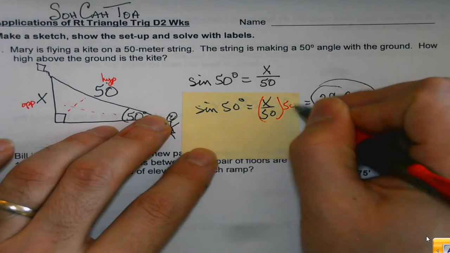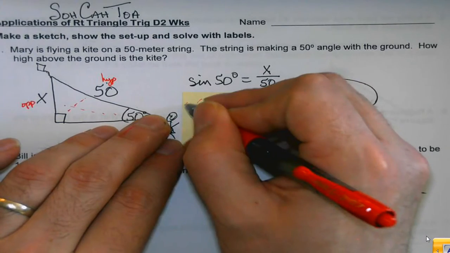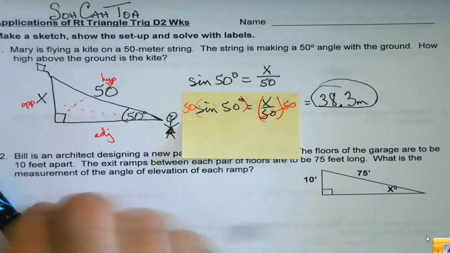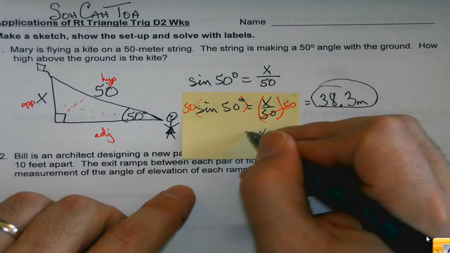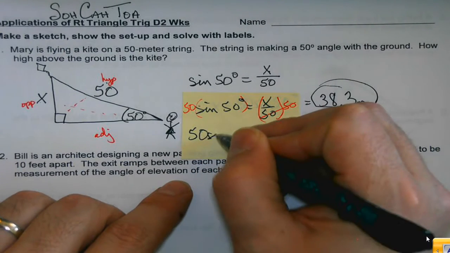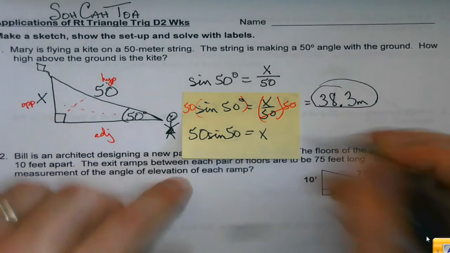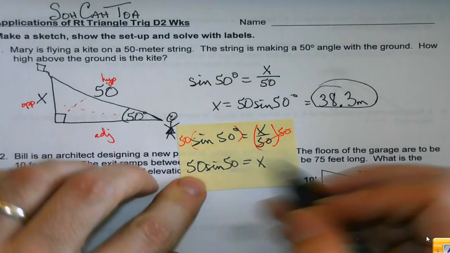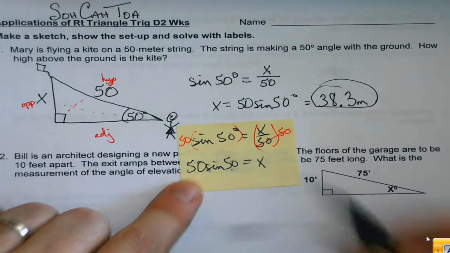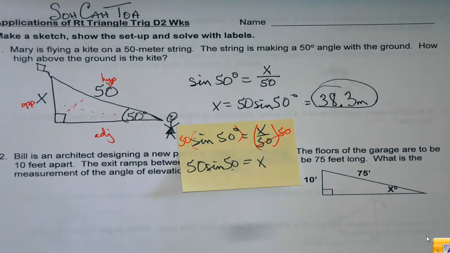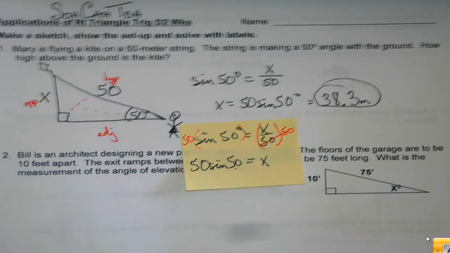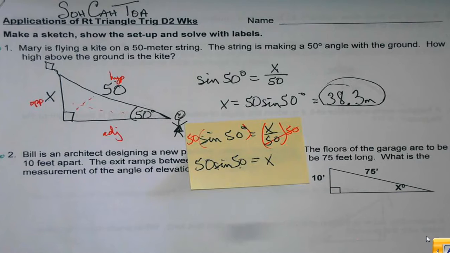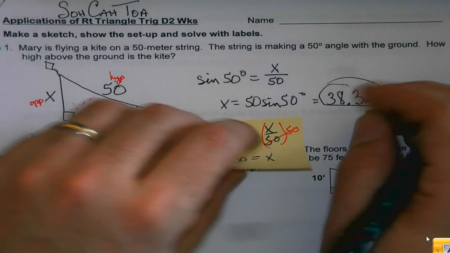So what's the opposite? The opposite would be to multiply by 50. And you notice I end up with the same little mini expression that I did here. And I'll still get the same answer. So if just doing the algebra is more comfortable for you, I'd go ahead and do that. But if you remember the little trick, more power to you. It will just go a little faster.